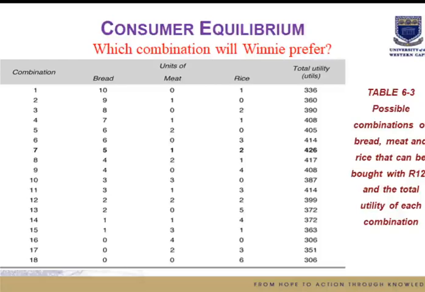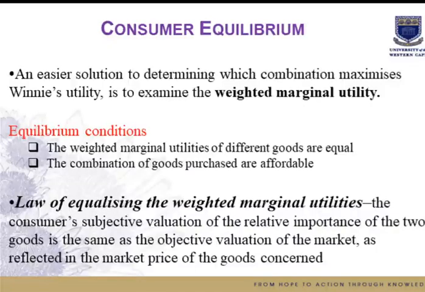Thus, Winnie is utilizing all her income and receiving maximum total utility from the consumption of combination 7. This means Winnie is consuming the utility maximizing bundle of goods, or she is in equilibrium if she consumes the combination of goods that are listed under option 7.